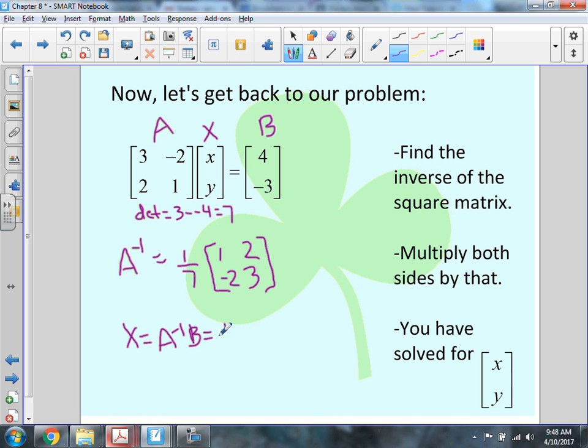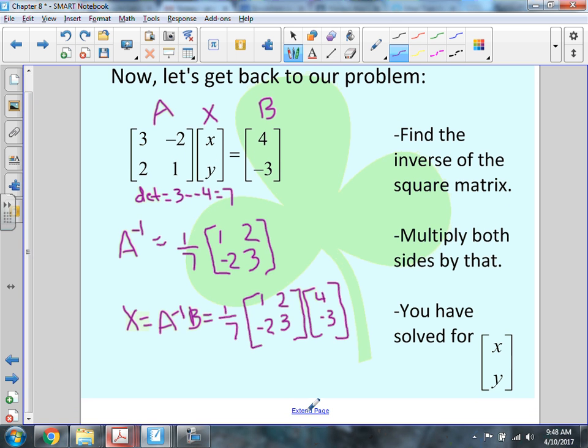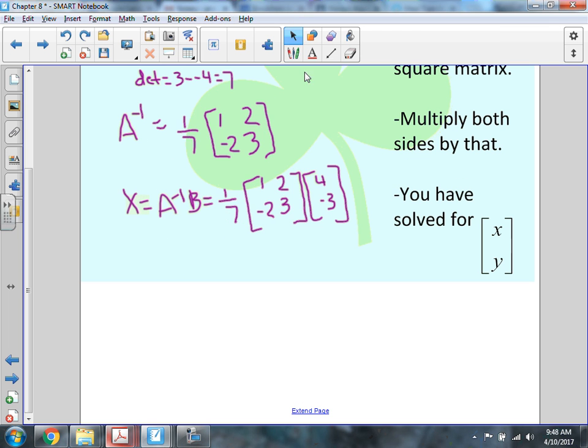So A inverse is 1/7 times 1, 2, negative 2, 3 times B, which is 4, negative 3. So now I have to actually multiply. What I'm going to suggest is that you multiply these together first and then multiply in the 1/7.